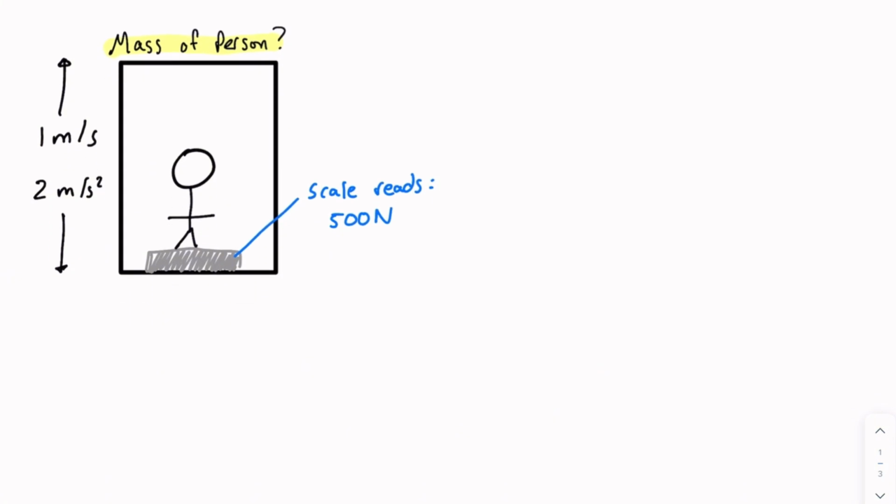But for this, we'll scribble it out so it doesn't distract us. Let's start by drawing our free body diagram. We have mg downwards and Fn from the scale. Our sum of the forces is equal to ma. And since mg is in the direction of the acceleration of the elevator, mg is positive, and we subtract Fn.